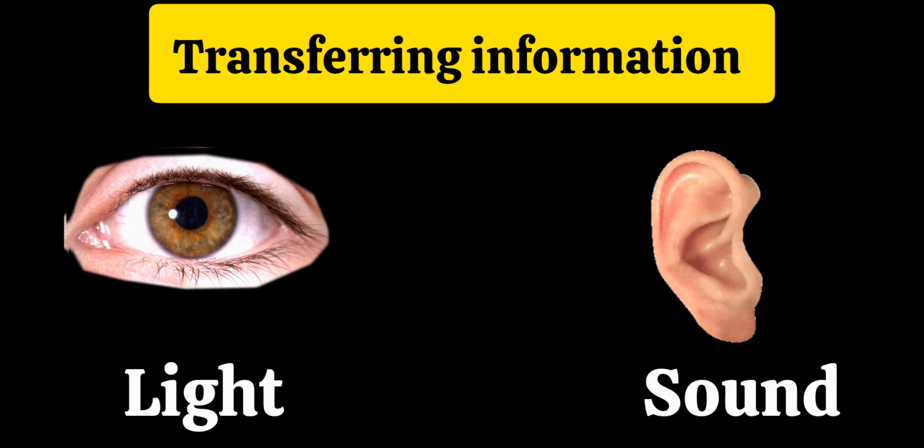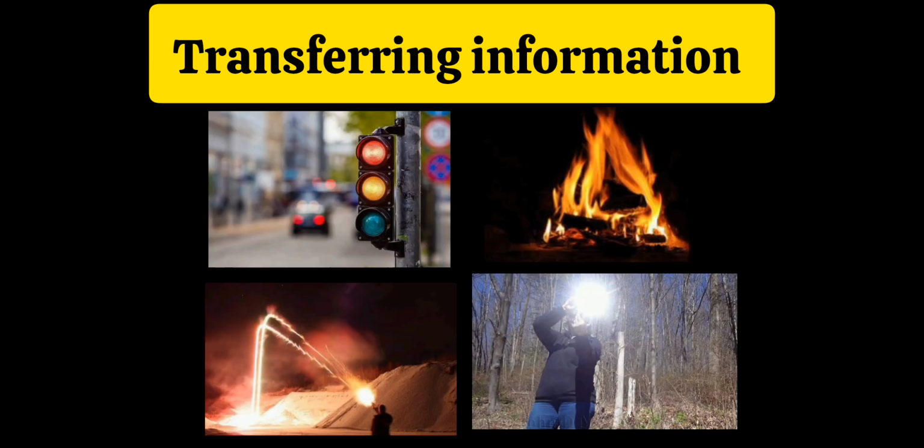Let's see some examples of information that the eyes receive. Number 1, traffic light. We can see the traffic light, so we can use light to communicate with each other. Number 2, people use a flare to get help. So we use the light to communicate.